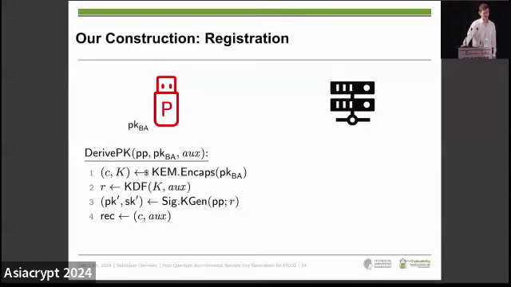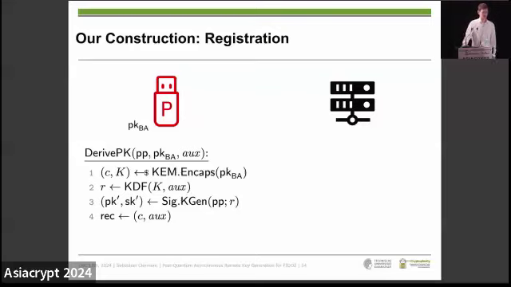During the registration phases, the primary authenticator has to execute the derived public key algorithm, where he uses the CAM public key, which he received from the backup authenticator, to first obtain some key. He then uses a key derivation function to smooth this key to obtain some randomness, which he can then use to deterministically execute some signature key generation, giving him the derived public key and the derived secret key.